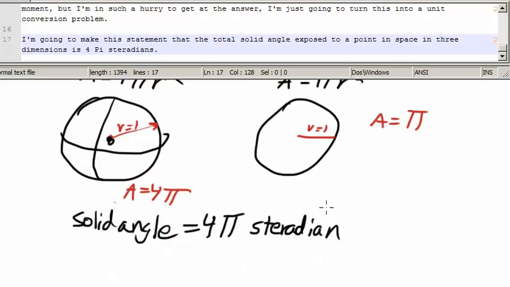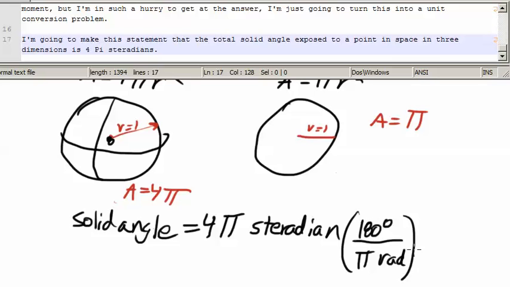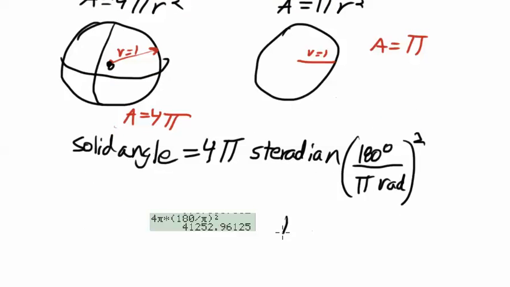And to convert that into square degrees, I'm going to say that there are pi radians in 180 degrees, and I'm going to square that so that I will cancel out steradian and square radians. So we will get, let's just round it to 41,000 square degrees.